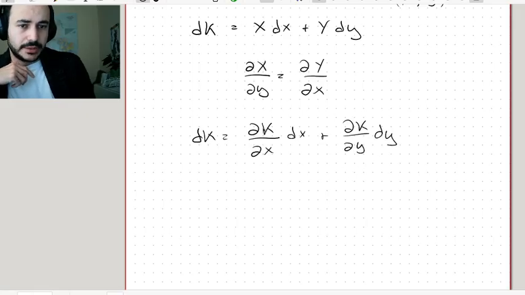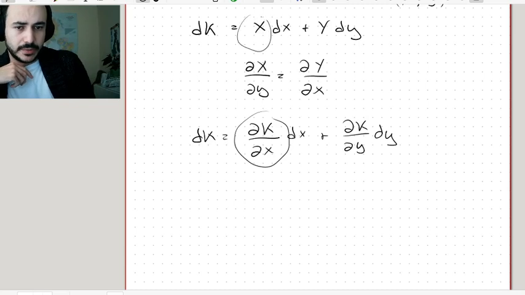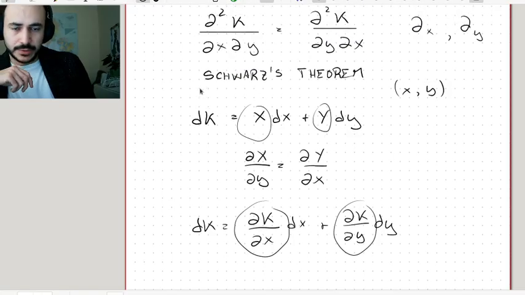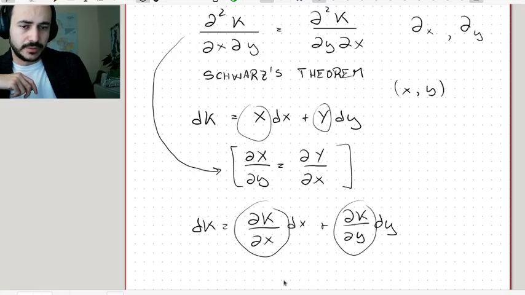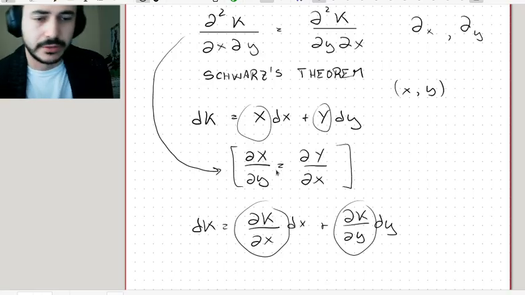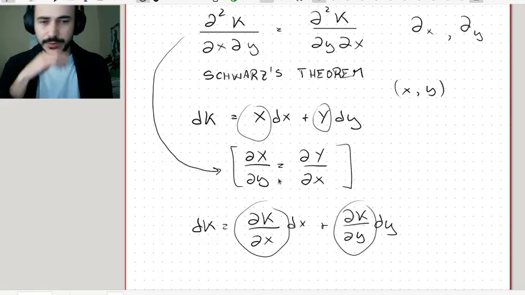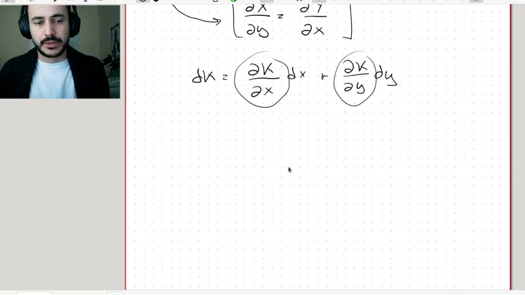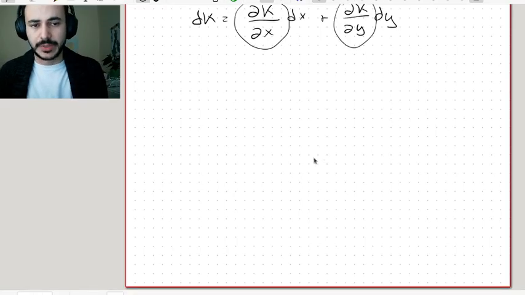And then here you can identify this term with that term, and this term with that term. So just applying Schwarz's theorem, you see that the partial derivative of x with respect to y equals the partial derivative of y with respect to x. Okay, so this is going to be really, really useful for us, especially when we start with the advanced thermodynamics part of the course. So don't forget about it.